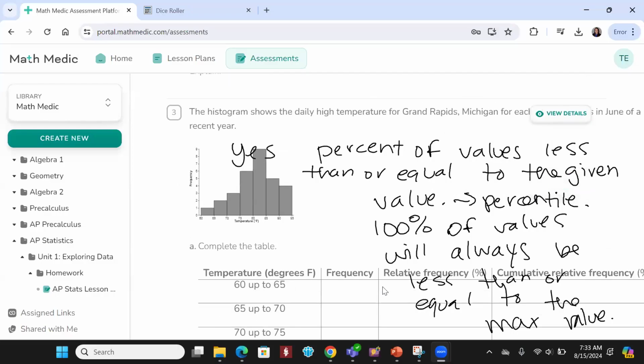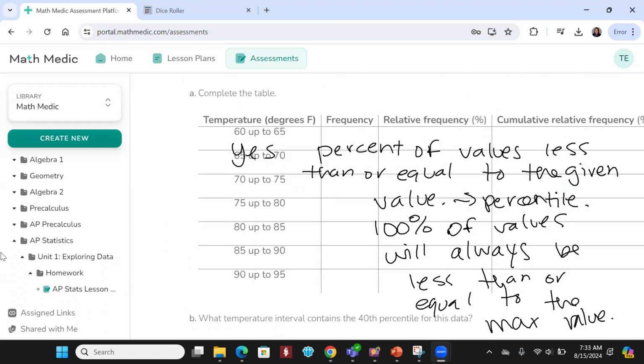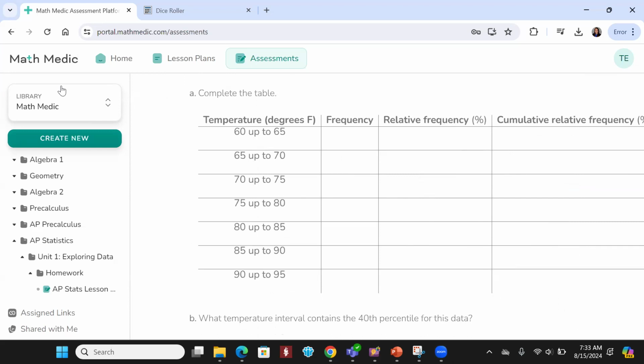On here, complete the table. So we're going to fill in the frequency. What's the first one? 1, next one, next one, next one, next. Okay. All right. So how do we get relative frequency? What's the first thing we always have to do?